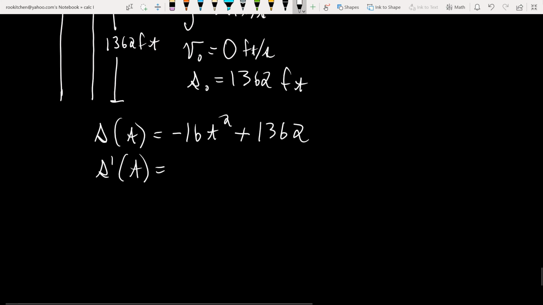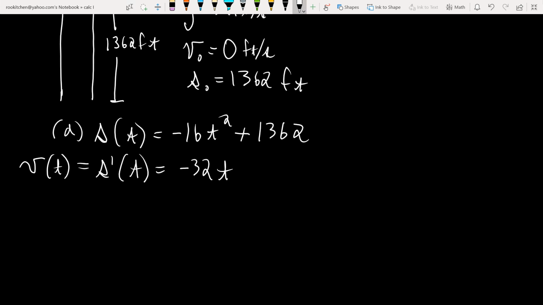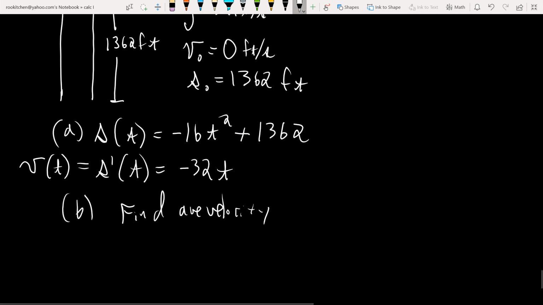If you took the derivative of the position function, you get negative 32t plus 0. For velocity, I usually write this cursive v. Okay, what's the average velocity? These are all questions I found in the book. Find the average velocity on the interval from 1 to 2.